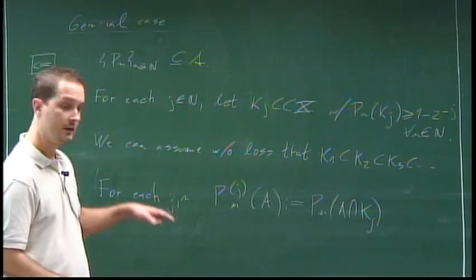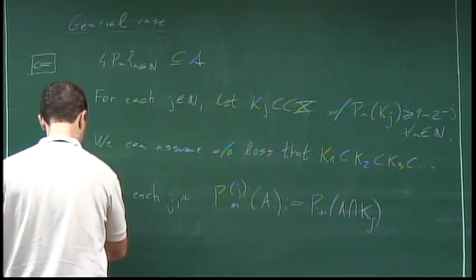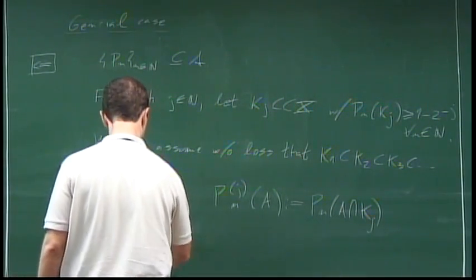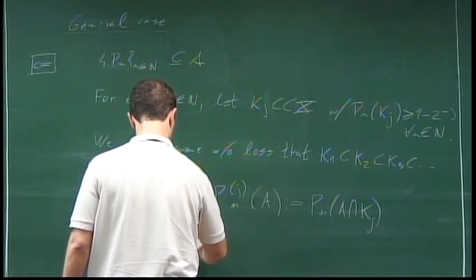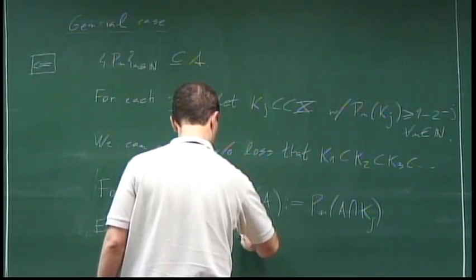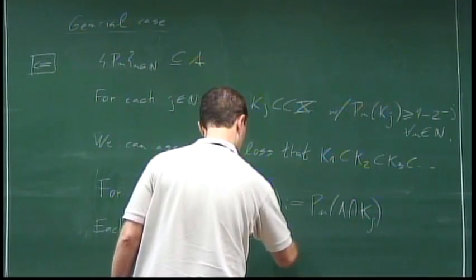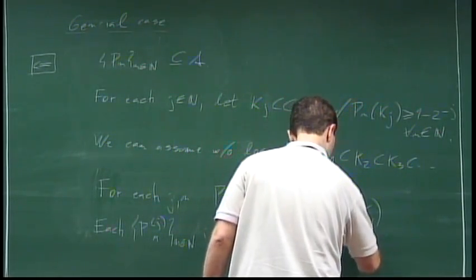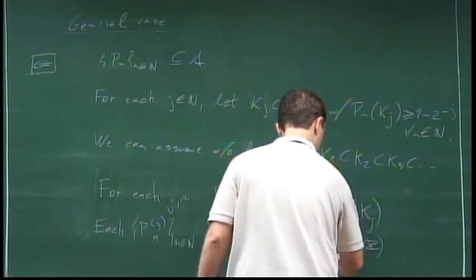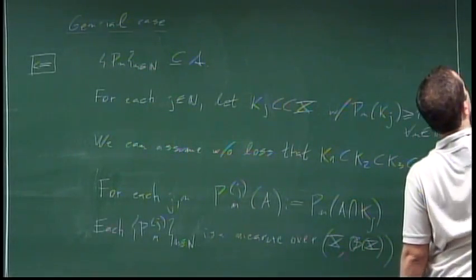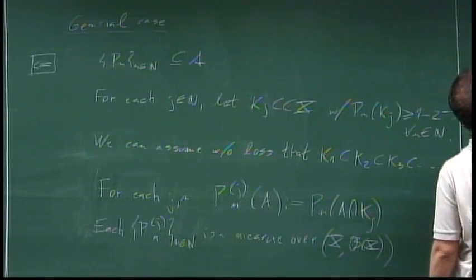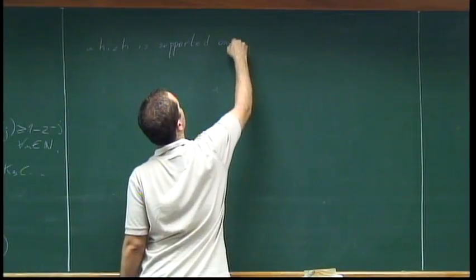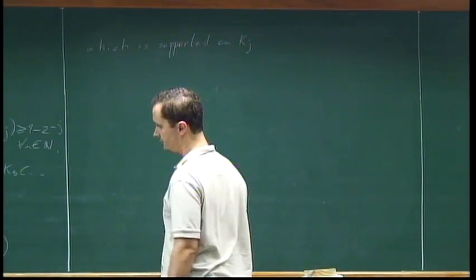Right? So each Pjn is a measure over X, which is supported on Kj, right?